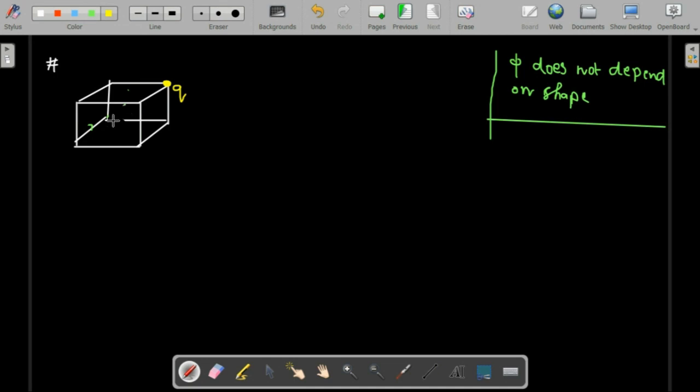Now, the problem is that it is not symmetrically distributed, because I am not having this charge at the center of the cube. It is at the edge of the cube. The question is, how much flux will pass through this cube? Flux through the cube with charge at edge.